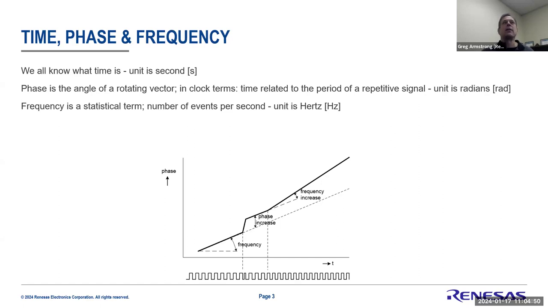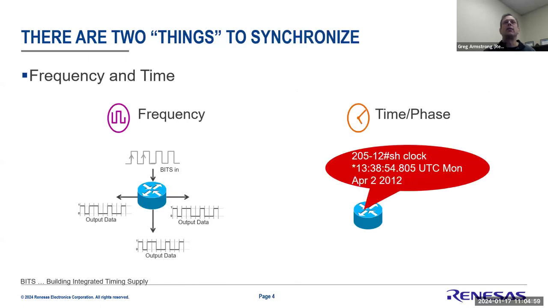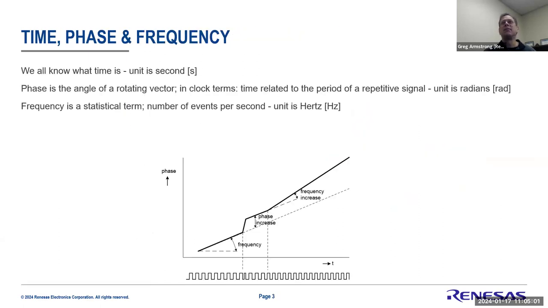The phase is actually itself an angular rotation vector, but in clock terms, you can look at it as really just the time related to the period of a repetitive signal. If you looked at each one of those edges, it would be the actual time unit between those edges.